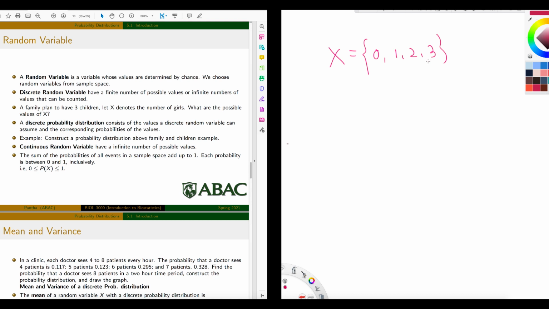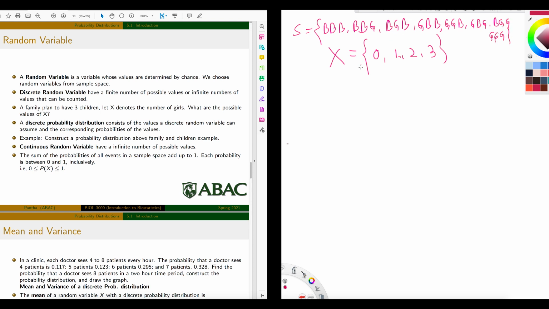If you want to make the probability distribution of this, first let us write the outcomes in the sample space. All of them can be boys: boy, boy, boy; girl, boy, boy; boy, girl, boy; boy, boy, girl; and then girl, girl, boy; girl, boy, girl; boy, girl, girl; and the last one is girl, girl, girl, right?